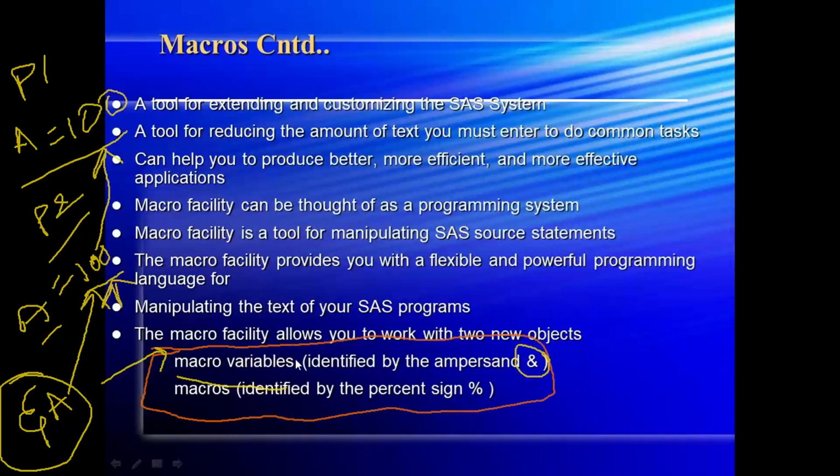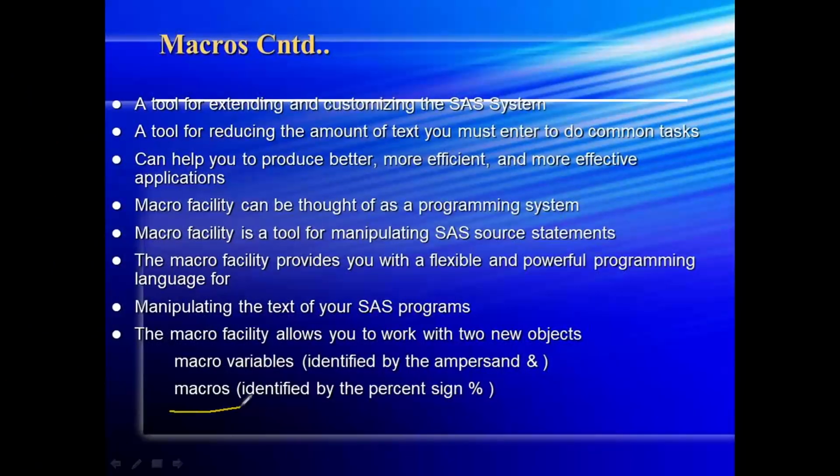The next one is a macro. Macros are nothing but SAS defined statements, nothing in addition. But as there is a processor to execute all the macro statements of SAS, we just need to use a percent sign. For example, we are using some SAS statements like do, else, if, then.